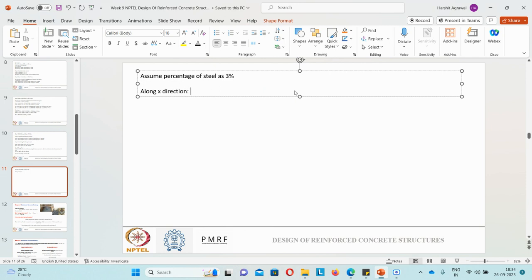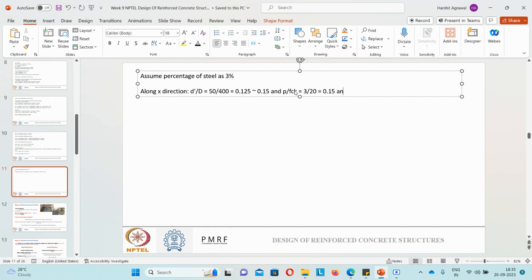So what I have, d dash by d is equal to 50 divided by 400, which is equal to 0.125. I will round it up to the nearest multiple of 5, so I will take 0.15. And p by fck I also need. So it is 3 by 20, which is 0.15.